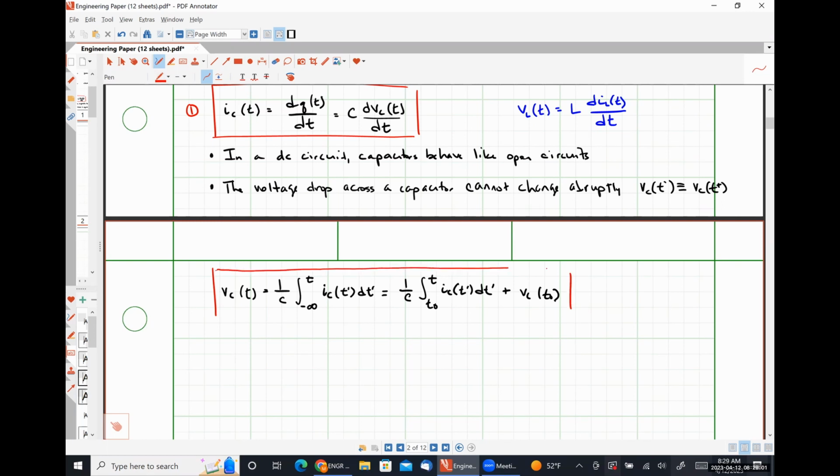I'm not deriving it because it's literally the exact same derivation as we did for the inductor current.